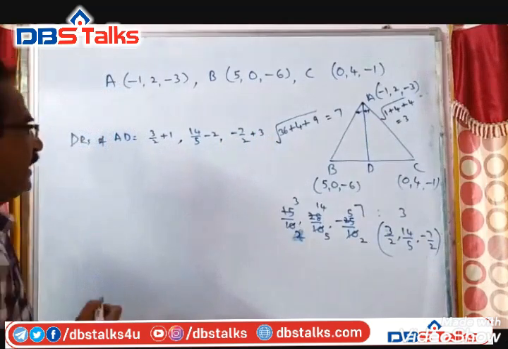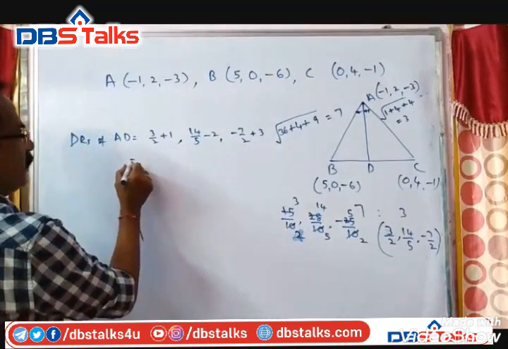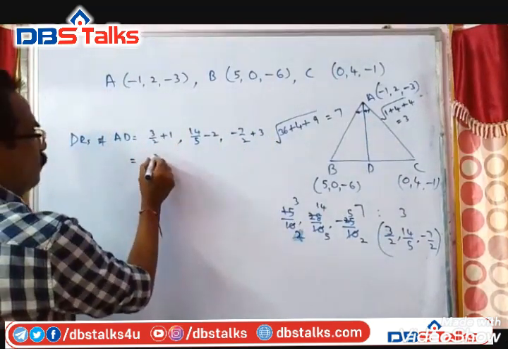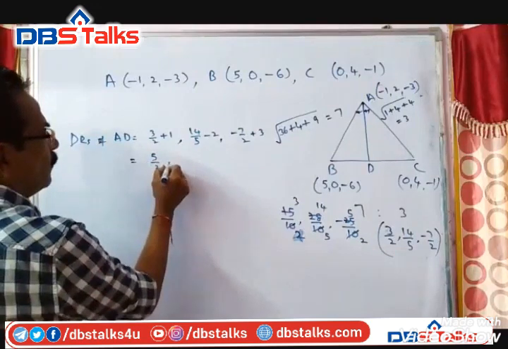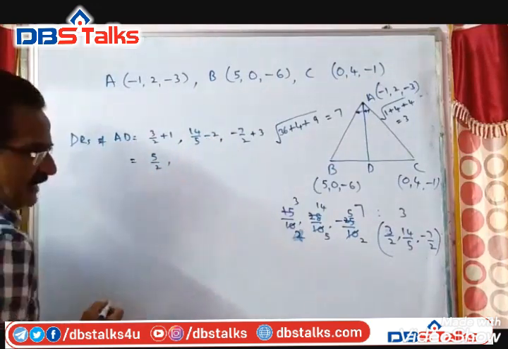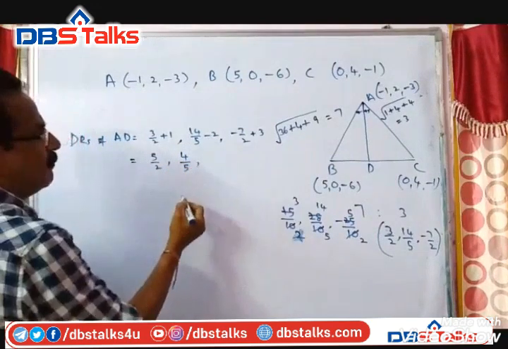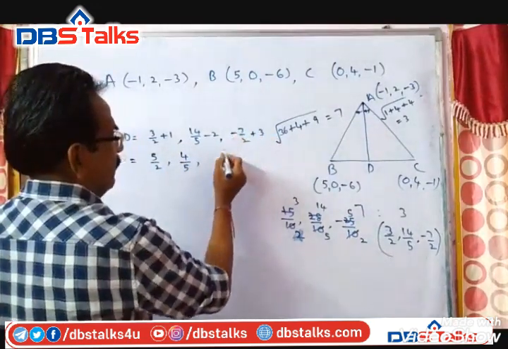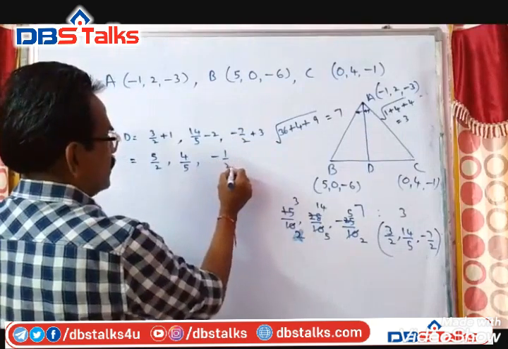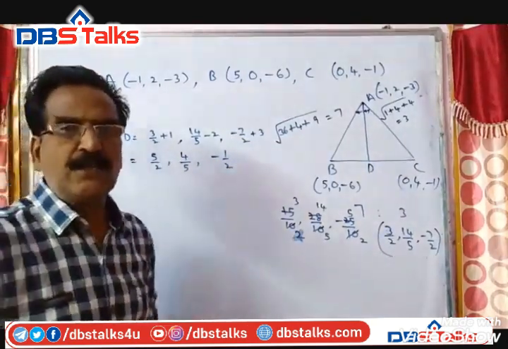These are the direction ratios. 3 plus 2, 5 by 2, 14 minus 10, 4 by 5, 6 minus 5, 1 by 2. These are the direction ratios of AD.